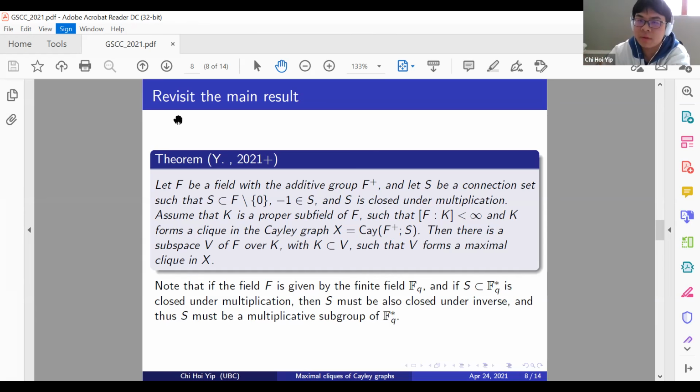If we start from a random vertex and then try to randomly expand it, we will get a maximal clique, but it won't have any special structure. But if we want to explicitly construct such a maximal clique, the only thing known is that it has a vector space structure. But we cannot say that every maximal clique must have a vector space structure.